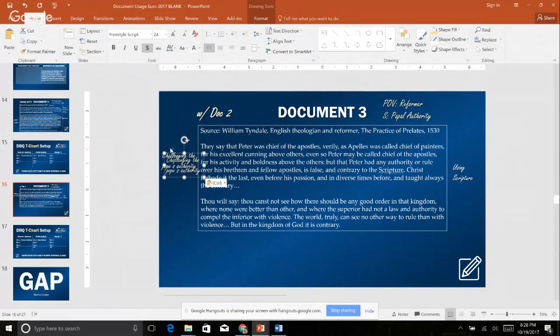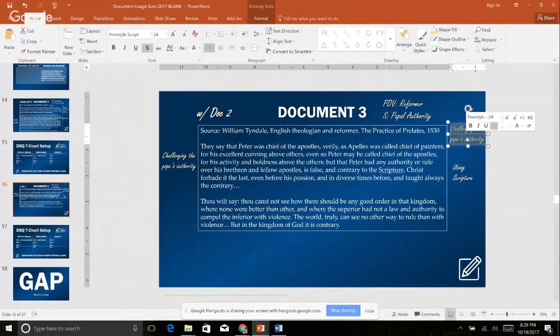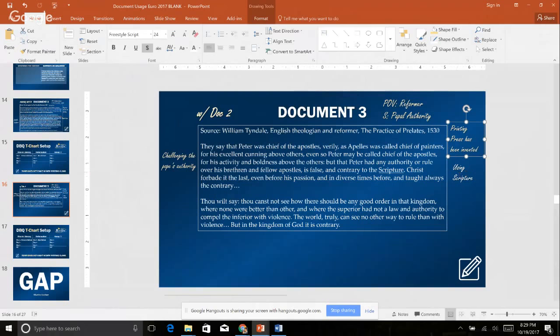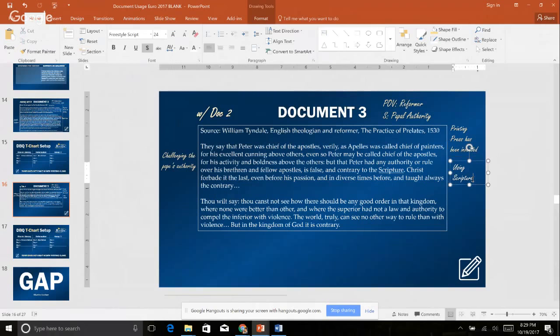And this is after the invention of the printing press. So we see that the printing press has been invented by this time. He's using scripture, which is typical of a Protestant. So I could note here that this guy is Protestant.